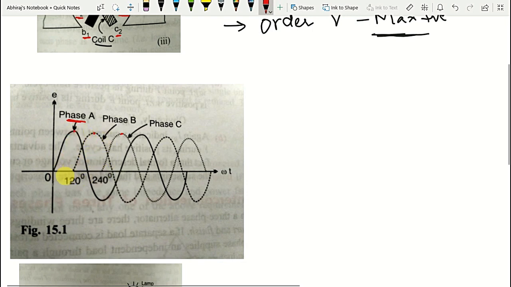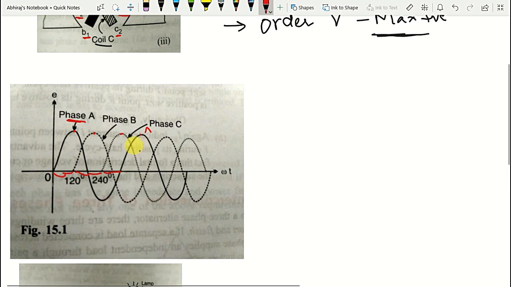Phase B and phase A are displaced by 120 degrees, and phase C and phase B are displaced by 120 degrees. Phase C and phase A are also displaced, but by minus 120 electrical degrees, or simply 240 degrees between phase A and phase C.